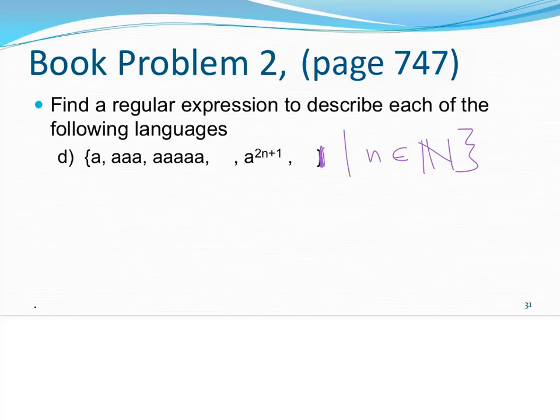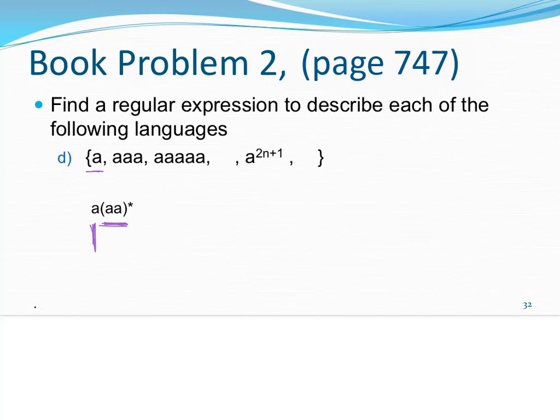Think about how you represent that. And here's your answer. It's a nice little regular expression, right? Basically, what I'm saying here is you definitely have one A, and then you have 0 or more copies of two A's in a row. So if you have an A with 0 copies of this, that's just this A. If you have an A with 1 copy, that's this one. An A with 2 double A's, this one, and so on.